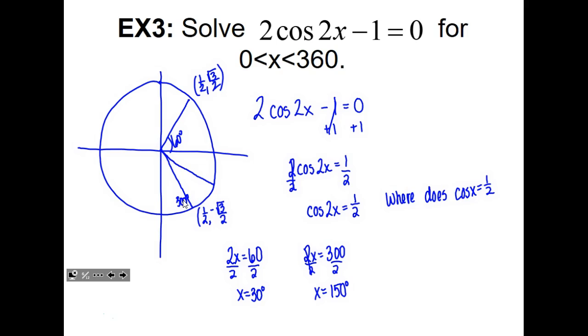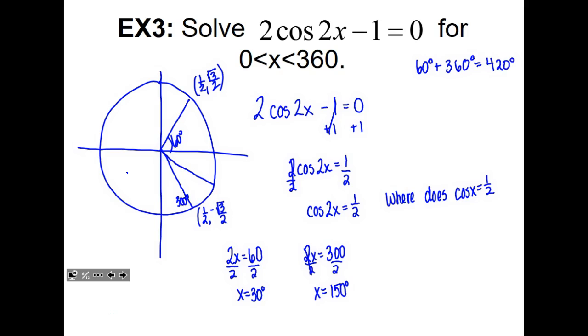Now, I'm going to really complicate things a little bit here. My answers so far are 30 and 150. I'm supposed to go all the way to 360, right? It sort of seems like 150 is just like right over here. It sort of seems like I should have something in these other quadrants, right? So, 60 degrees plus 360 degrees is going to give me what, 420?